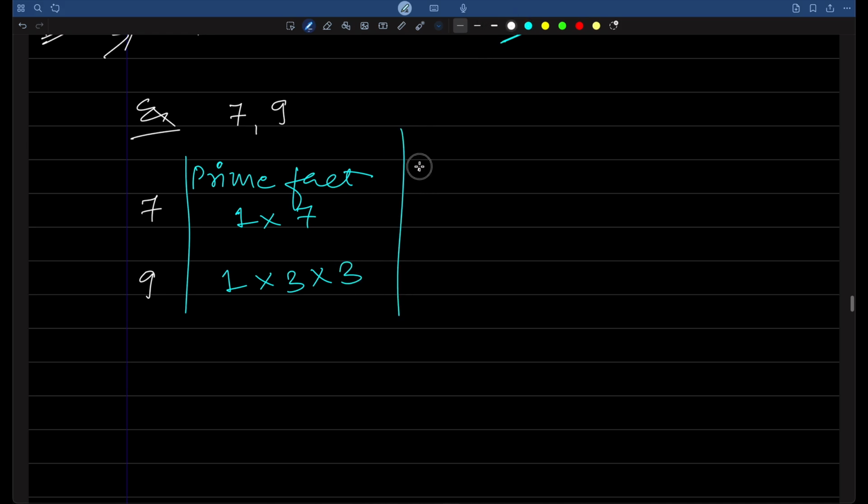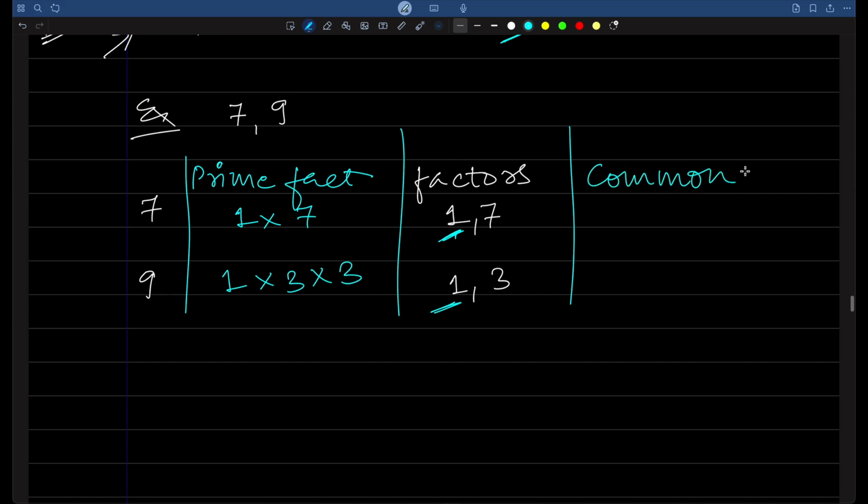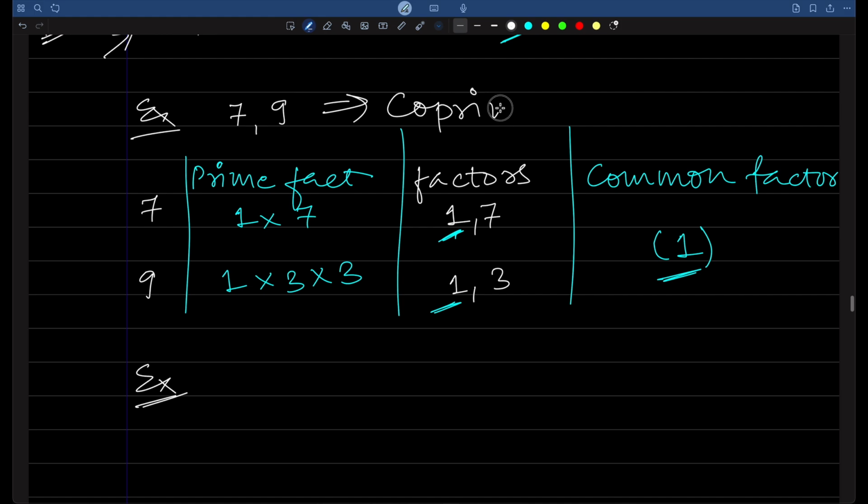Then we have factors of 7 is 1 and 7, factors of 9 is 1 and 3, and we have common factors, that is only 1 as a common factor. 3 and 7 are not common factors. If I take the example, so we can say 7 and 9 are co-prime numbers.